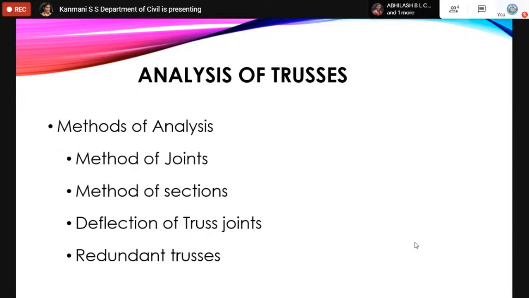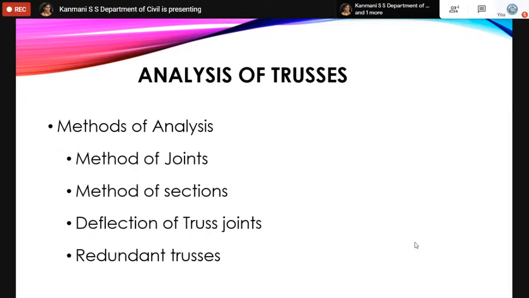Method of joints, as the name itself indicates, is where we apply the equations of equilibrium at each joint. Method of section is used when you are asked to find any 2 or 3 unknown forces. You can take method of section to solve such problems.